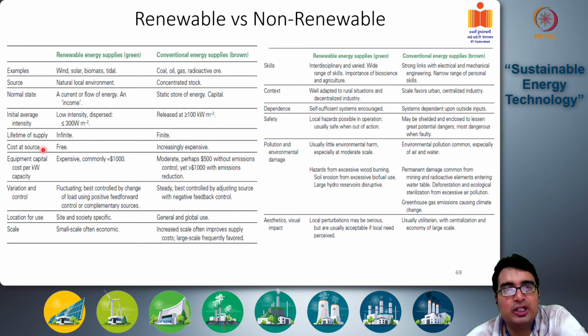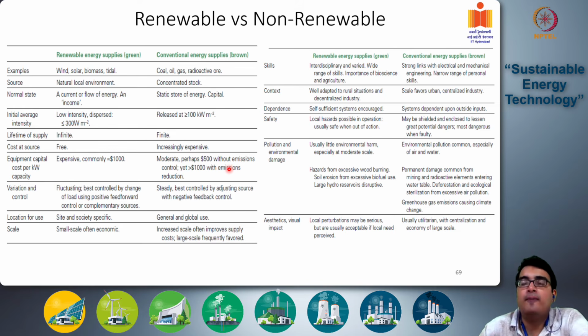Solar energy is essentially free, wind energy is free, water is free. Whereas the conventional energy supplies are increasingly expensive. Crude oil, coal or uranium are expensive to procure because they are finite. On the reverse side, the capital equipment investment to harness this free source of energy is much more expensive than for this concentrated stock of ore, because it is concentrated.